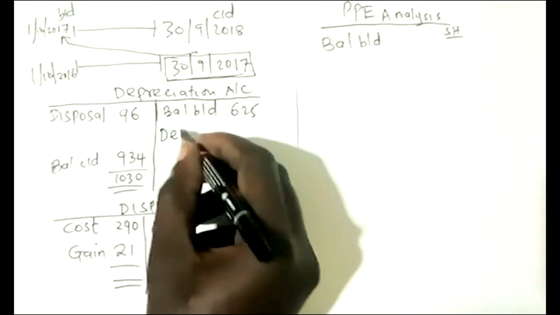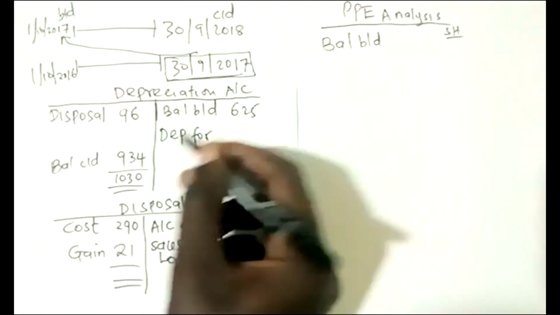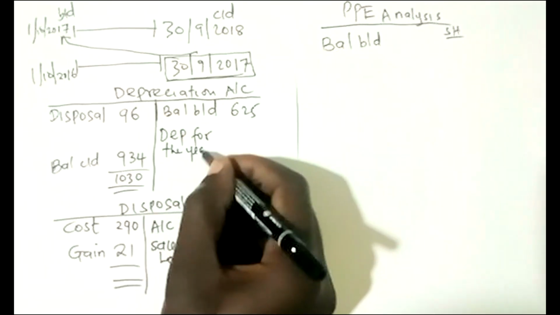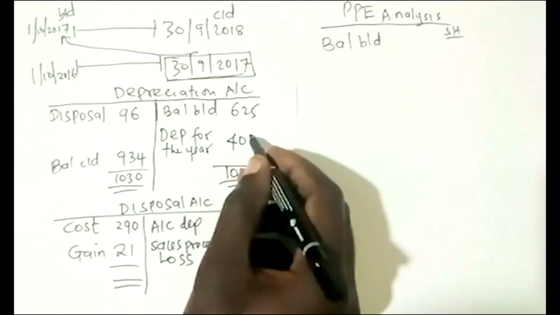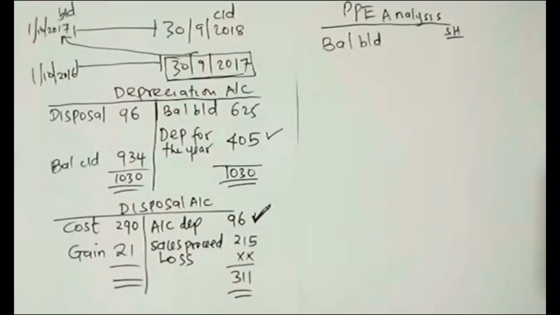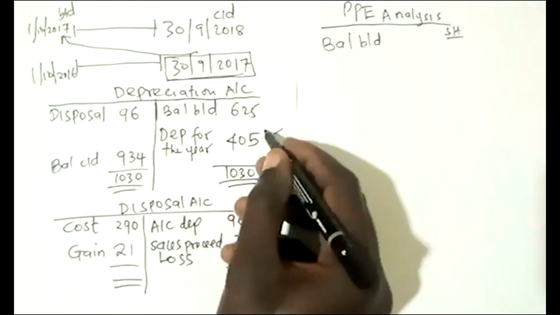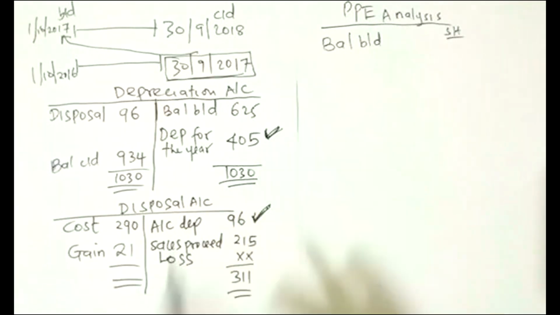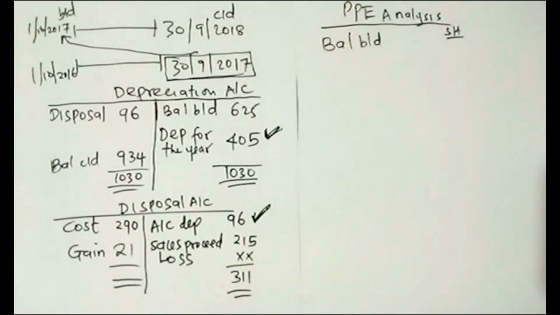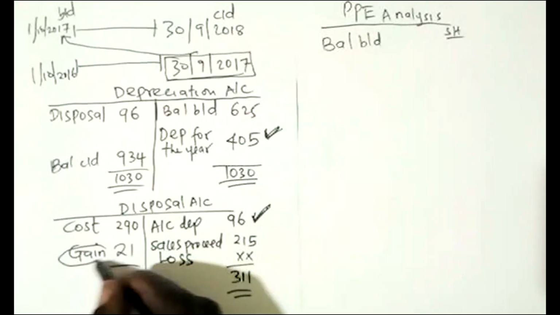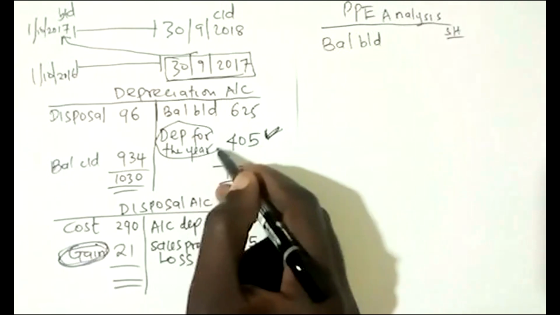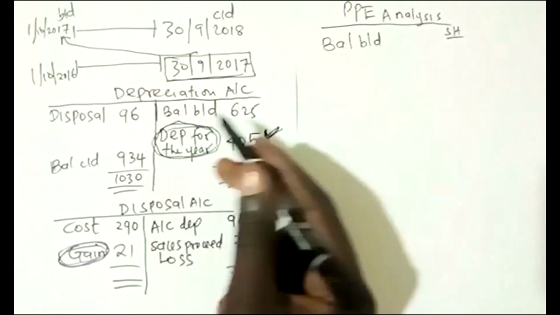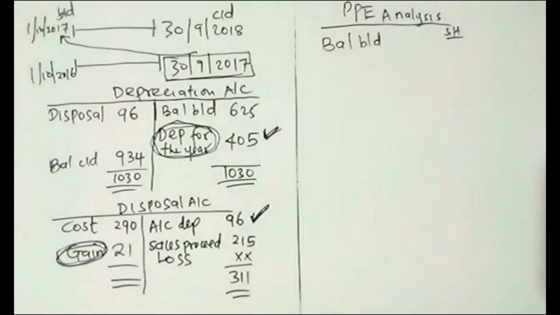So the depreciation for the year, the balancing figure, in order to get the entirety here is 405. So that is the depreciation for the year, to be adjusted in operating activities. Then you know that the gain is another thing we were looking for. So those are the two adjustments you already have.